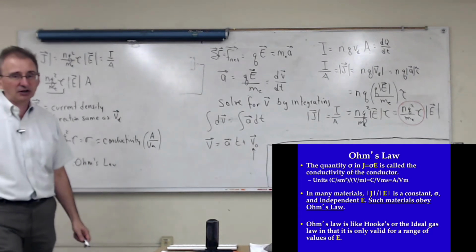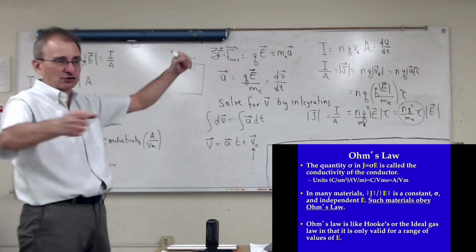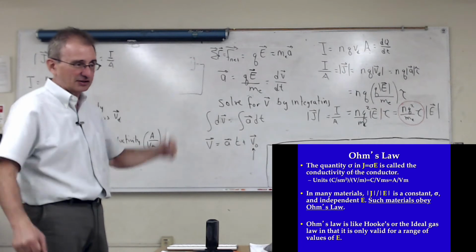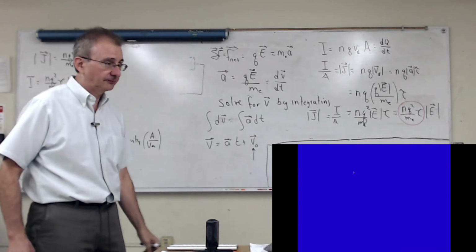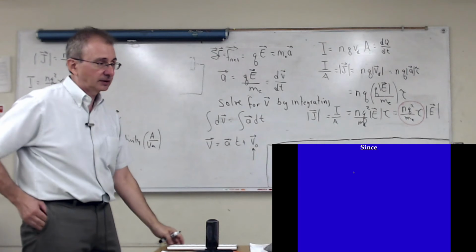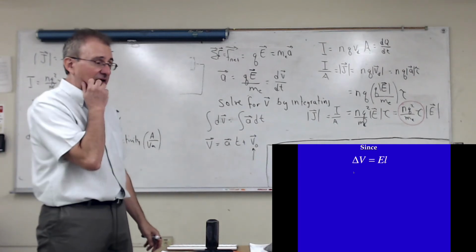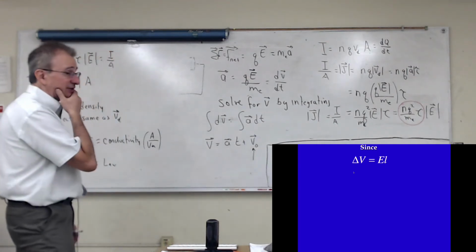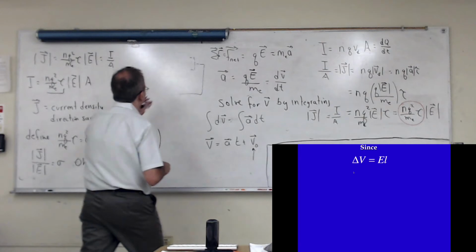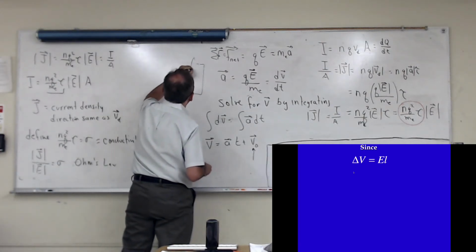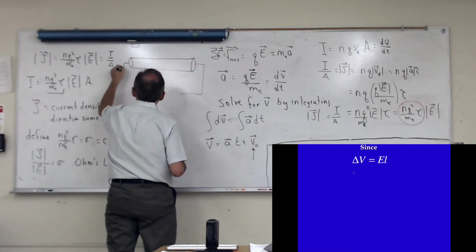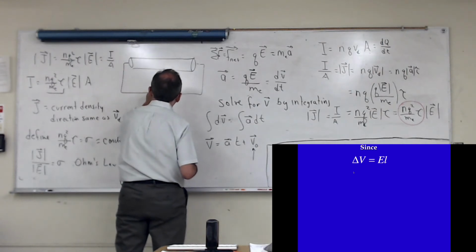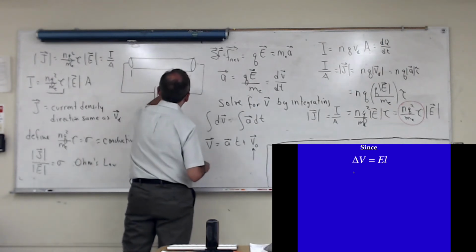Remember, Hooke's law is not always valid, right? If you take a spring and you stretch it too much, Hooke's law is not valid anymore. Now, since E is constant, let me draw my wire again. Let's say this is the length of the wire.